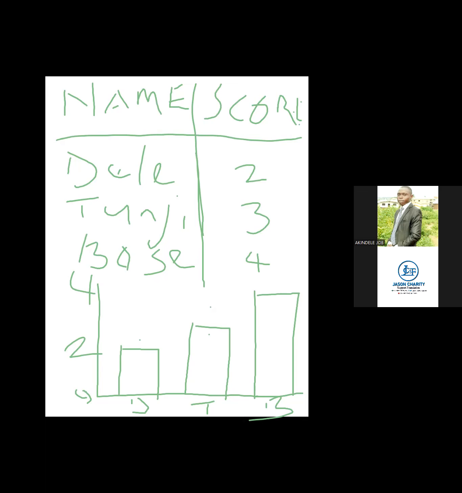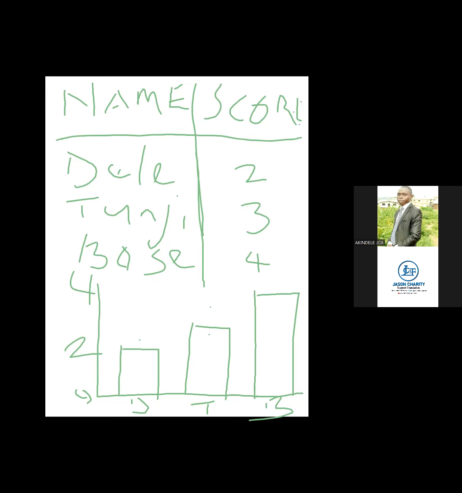When the examiner wants to mark, the only thing the examiner usually looks at is how you construct your bar. Do you follow some rules? Are your bars having the same breadth? Do they have space in between? Do you leave the same centimeter or the same meter between the first bar and the second bar?